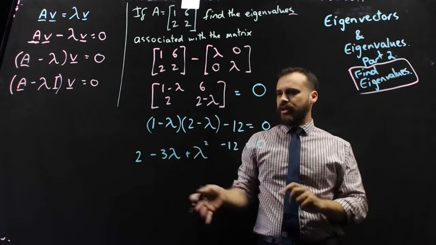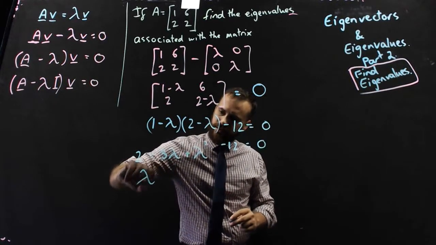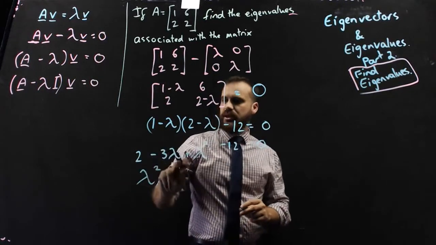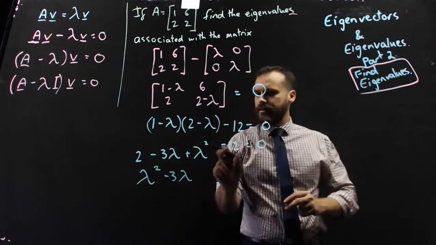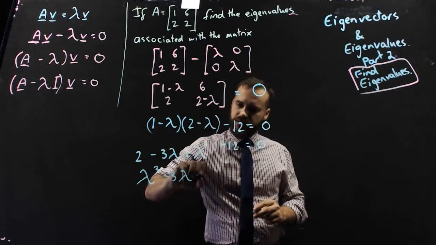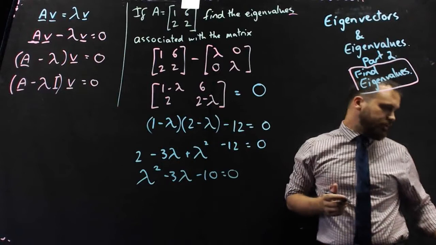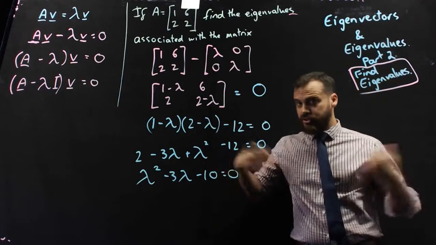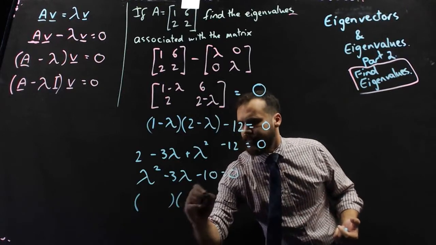So tidying that up a little bit, you'll end up with a quadratic: lambda squared minus 3 lambda minus 12 plus 2, minus 10, equals 0.